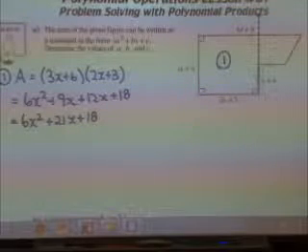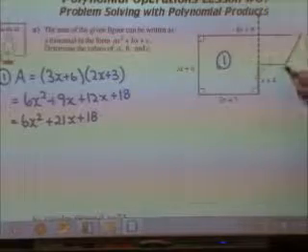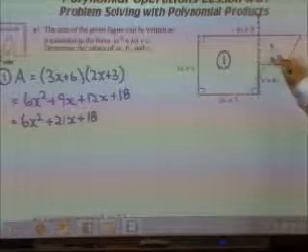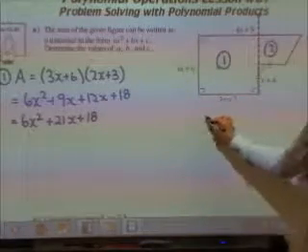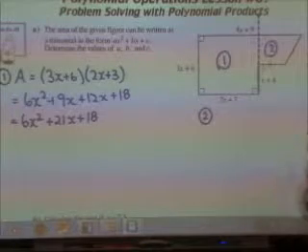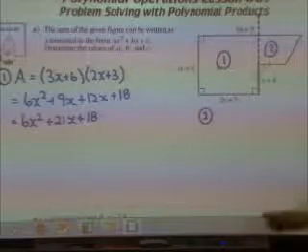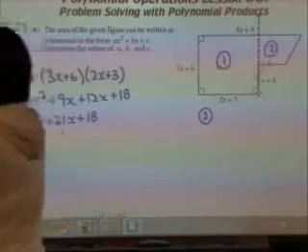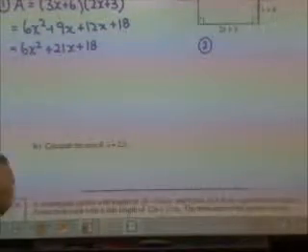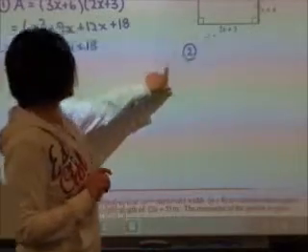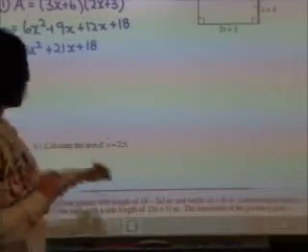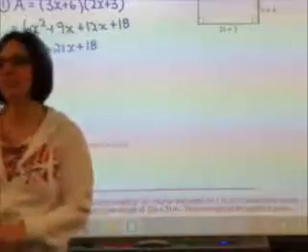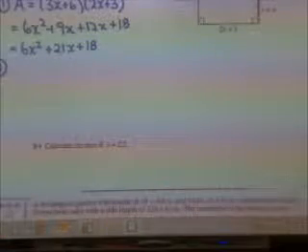And then I have this shape here. I'm going to call it shape number 2. Does anyone know what we call shape number 2? What the name of that shape is? It's a shape that we don't see very often, which is why you might not be familiar with it.